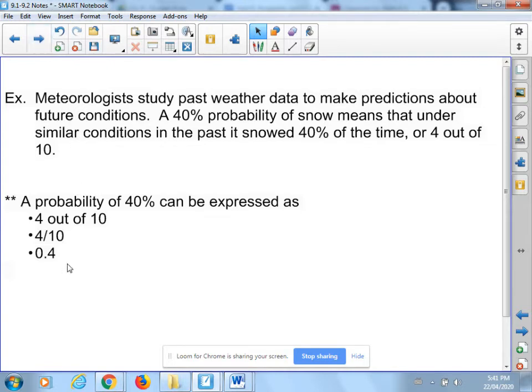So ratio, fraction, decimal, percent, all the different ways that we can show the probability. So they use what did happen to make predictions about what will happen in the future.